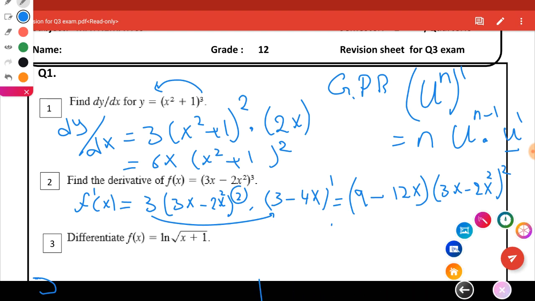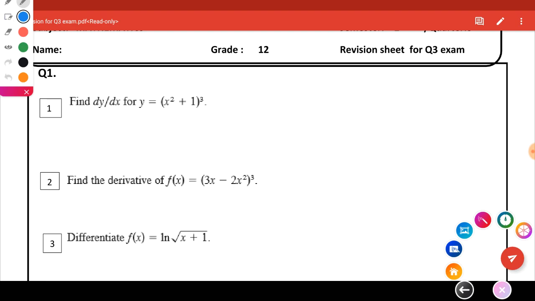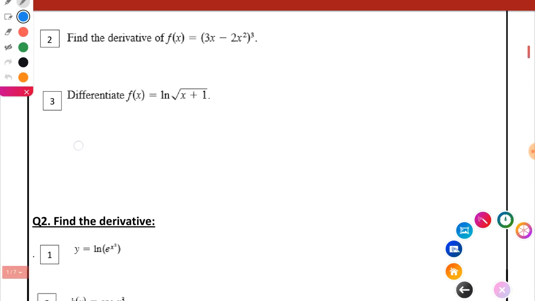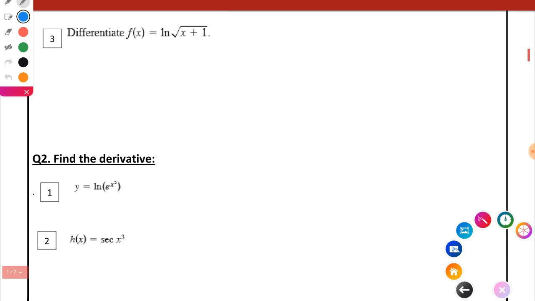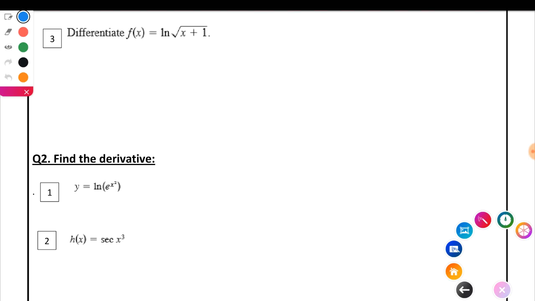Now I'd like to remind you of the natural logarithmic function before we begin to solve question number 3. Before I begin the solution, I have to know the properties of the natural logarithmic function.